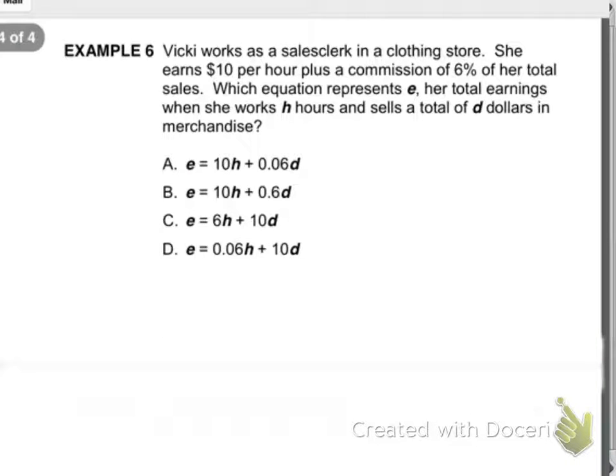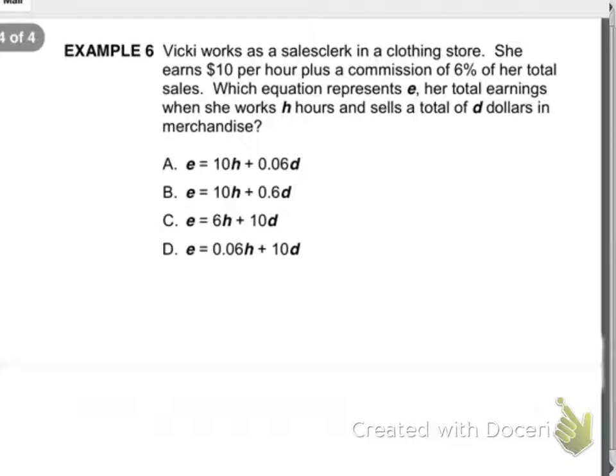Now, example 6. Vicki works as a sales clerk in a clothing store. She earns $10 an hour plus a commission of 6% of her total sales. Which equation represents E, her total earnings when she works H hours and sells a total of D dollars in merchandise? Okay, so she makes $10 per hour.